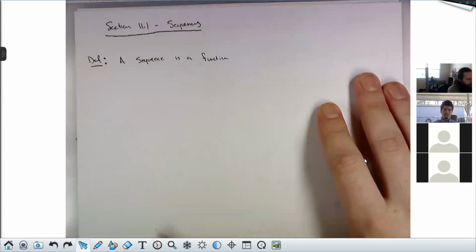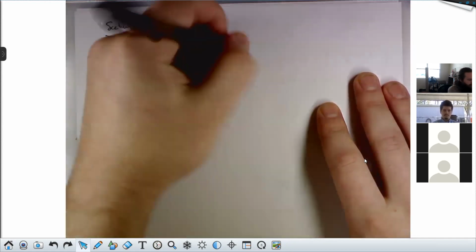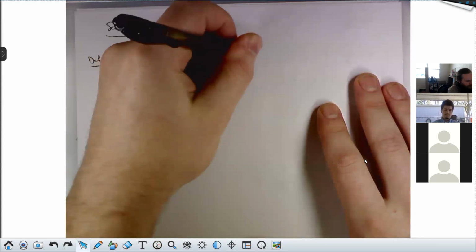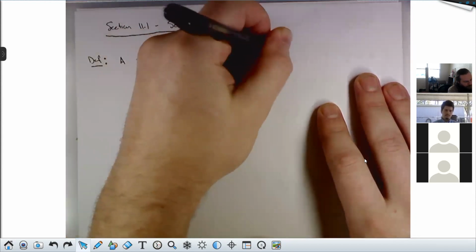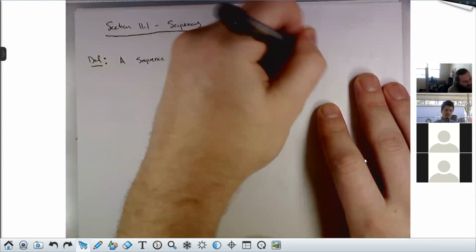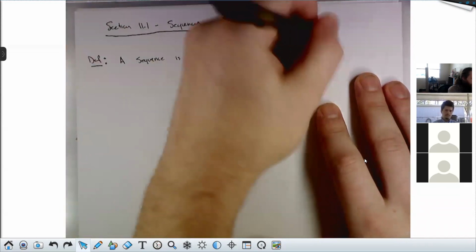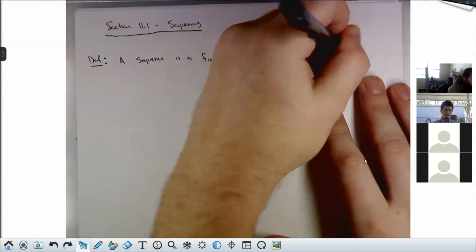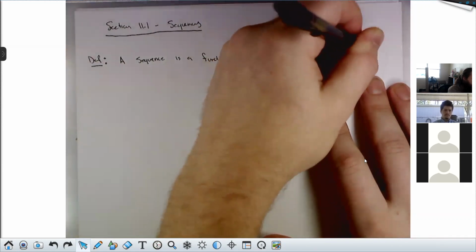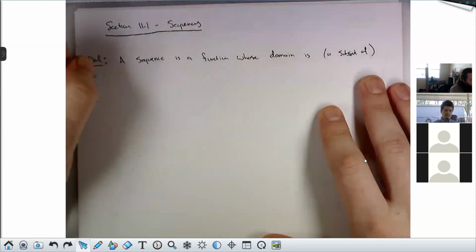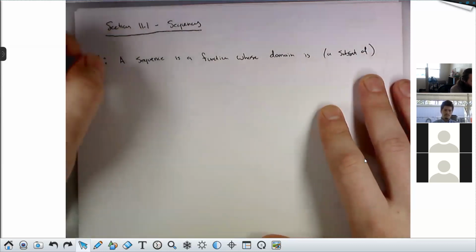A sequence is a function whose domain is potentially a subset of the non-negative integers, which I call the natural numbers.